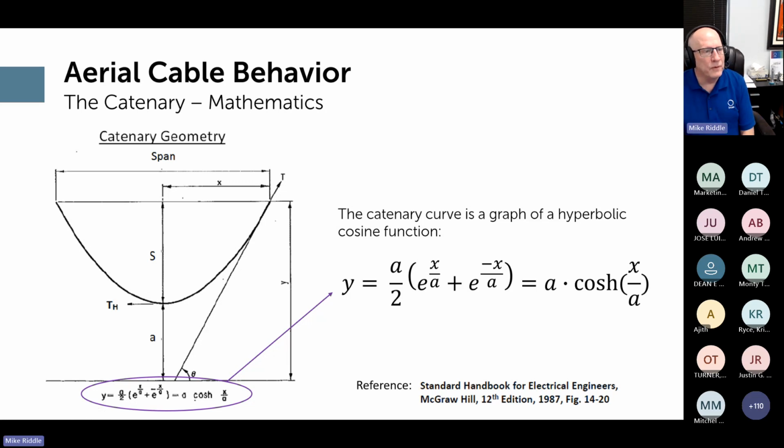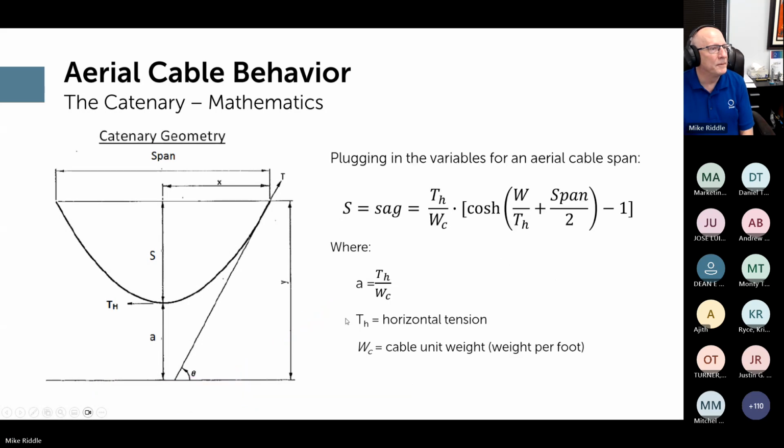I just want to pause here for a moment just to take in the beauty of this math. If we then plug in the variables for an aerial cable span, we get this version of the formula. So our sag is equal to our horizontal tension divided by the cable unit weight, the unit weight in pounds per foot.